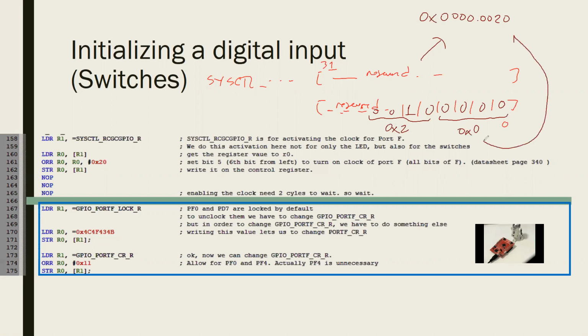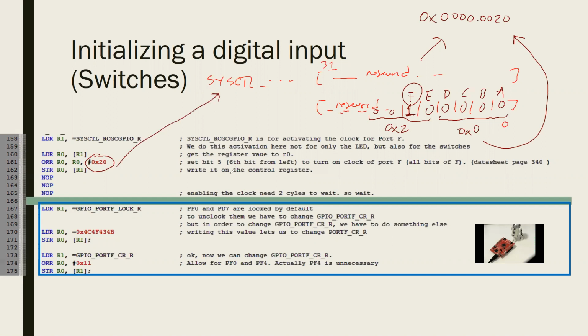That's why we have this number. So actually this was for port A, port B, port C, port D, port E, and port F. And by feeding 1 to this pin, we have enabled the clock feed to port F. That's why we were loading 20 to this register.